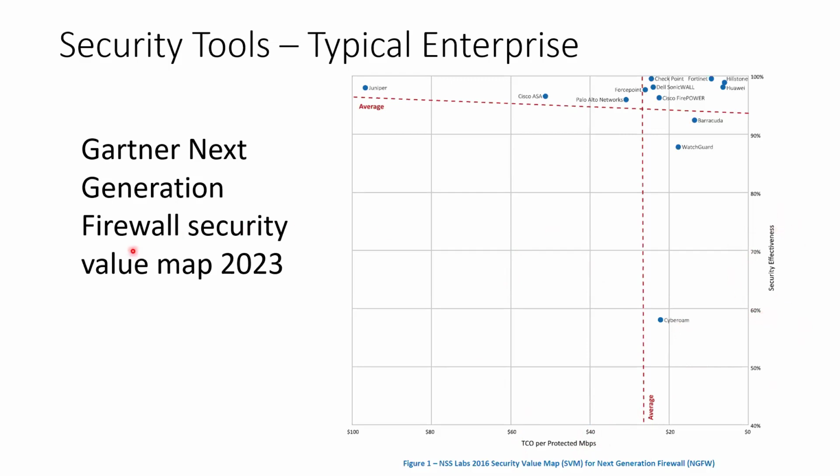So in the next generation firewall security value map, Fortinet, Hillstone, and Huawei are on top, providing almost 100% security, whereas Juniper is cheaper, but it also provides a certain level of security as compared to the rest of them.